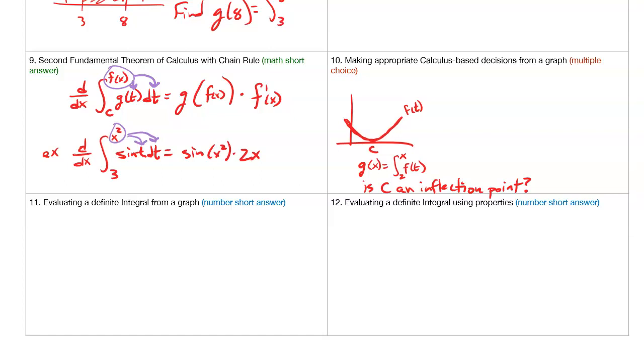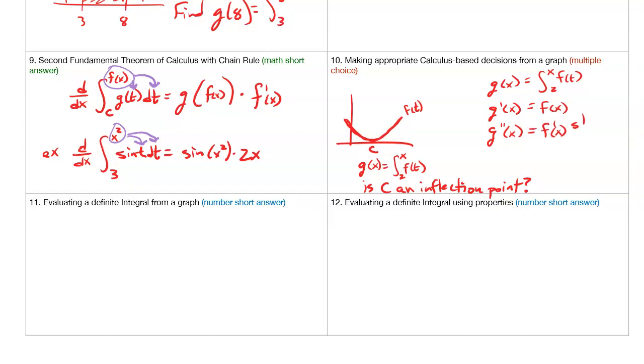Okay? And so g of x was this integral thing. g prime of x would be the derivative of the integral, which would be f of x. And then g double prime, which is what we need to look at, would be f prime of x.